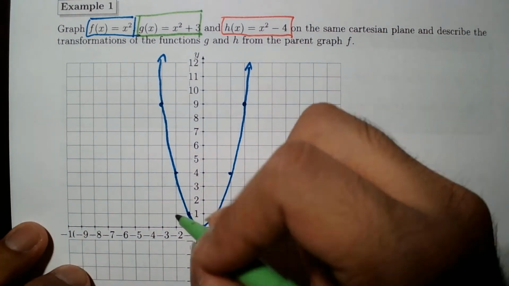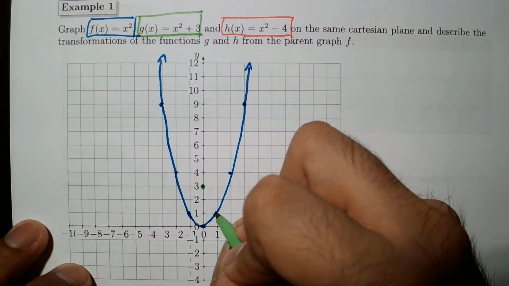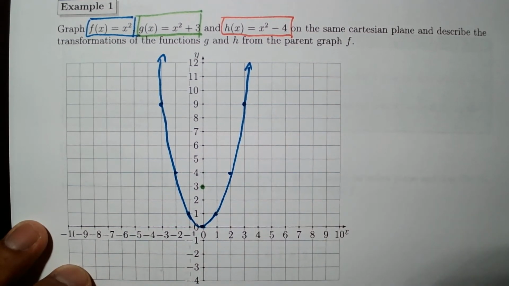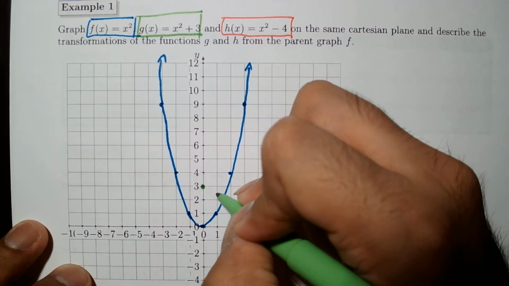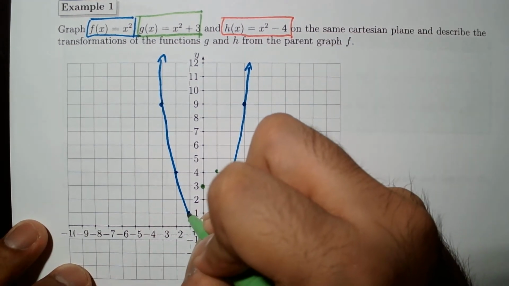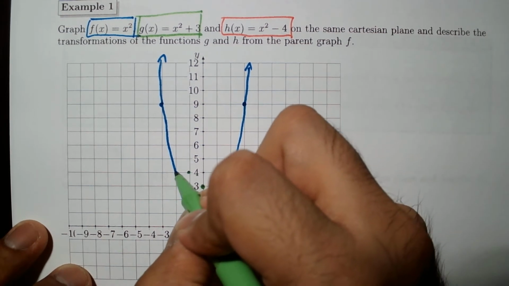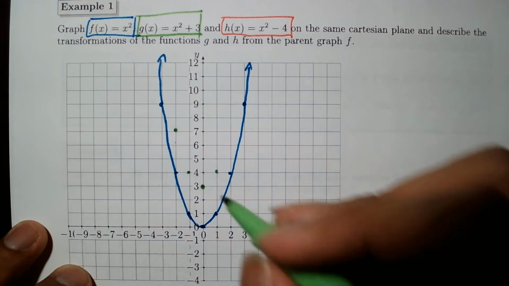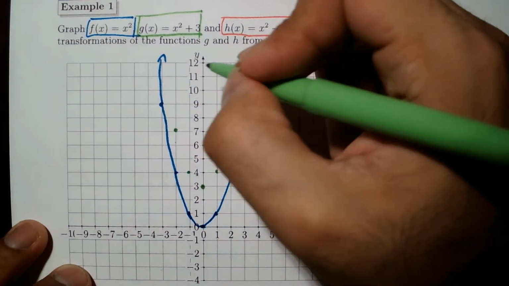So I'm going to take this origin and shift it 3 units up. The point 1, 1, I'm going to add 3 to the y, so I'm going to move it 1, 2, 3. Same with this point, I'm going to move it up 3 units. Then I'm going to focus on this point, where I'm going to add 3 more units to the vertical component, or the y coordinate.